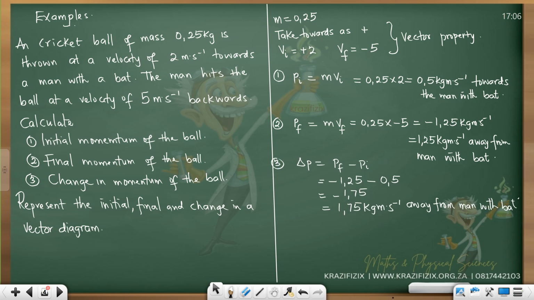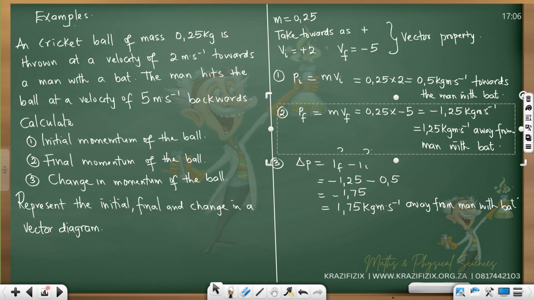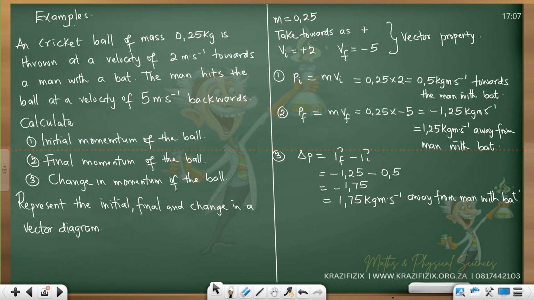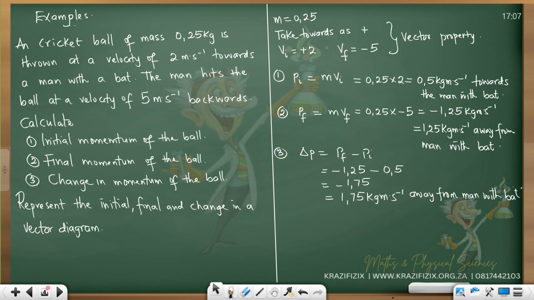Once we start looking at questions, we start using our left, right, east, and west. Let me know if everybody's okay with those 3.